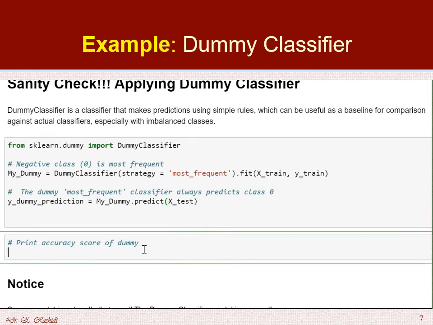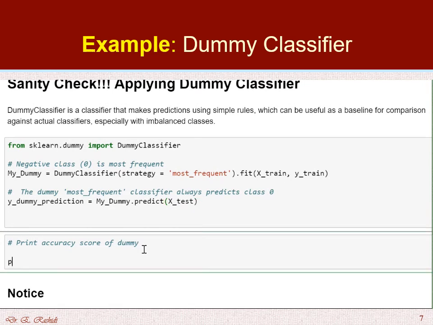Then let's print out the accuracy for our prediction. First we need to give it the actual values, which is Y test, and the next is our prediction, which is Y dummy prediction.